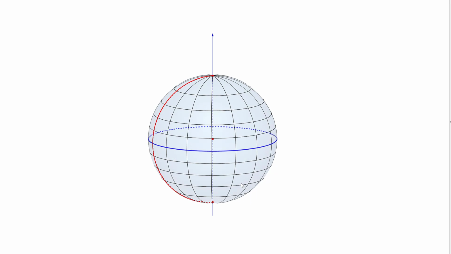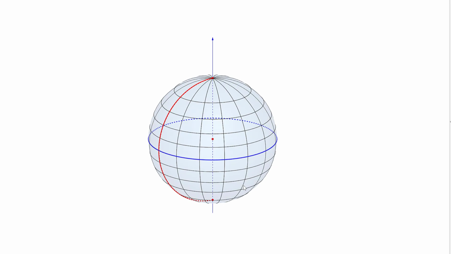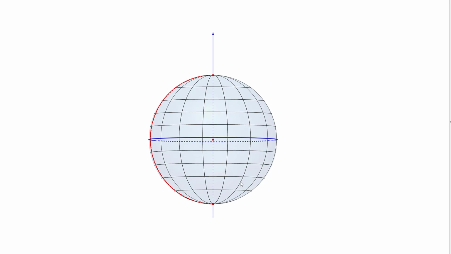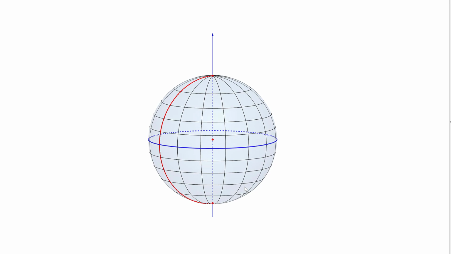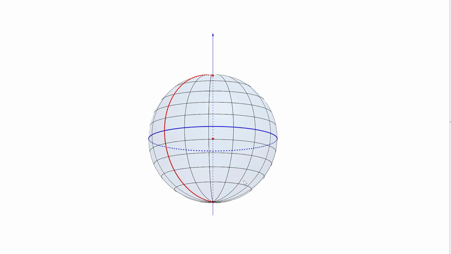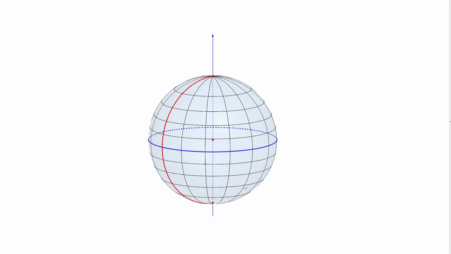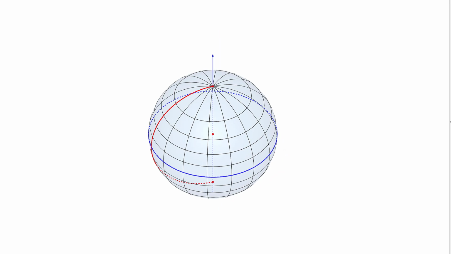The blue line is our equator, so that is a circle going around the widest part of the Earth at the center, and all of our lines of latitude are measured relative to that. Our North Pole would be up there at the top on the axis of the Earth, and our South Pole down at the bottom on the axis of the Earth. So hopefully you can get a sense of what's happening there.